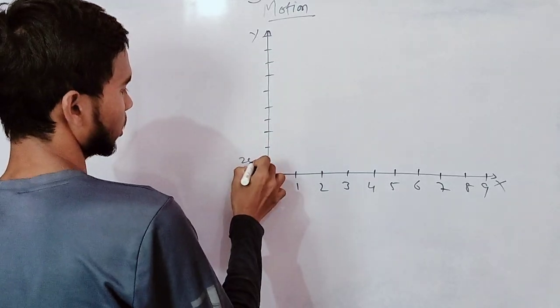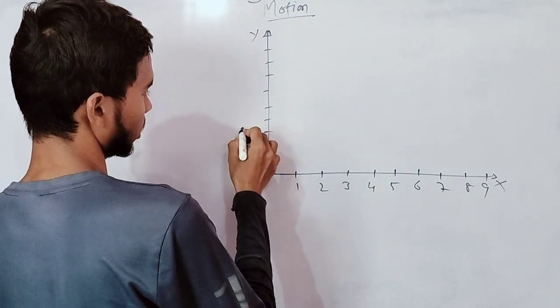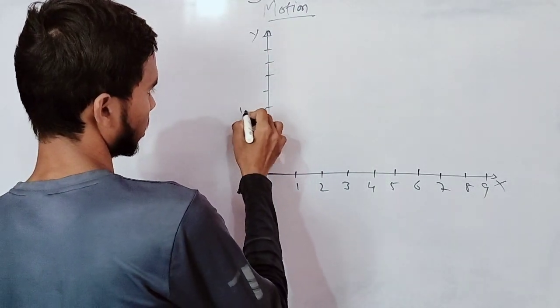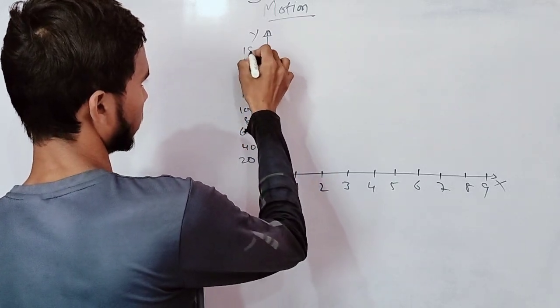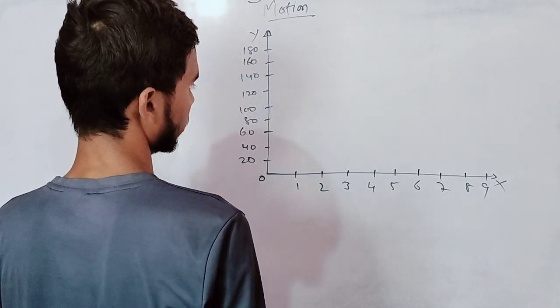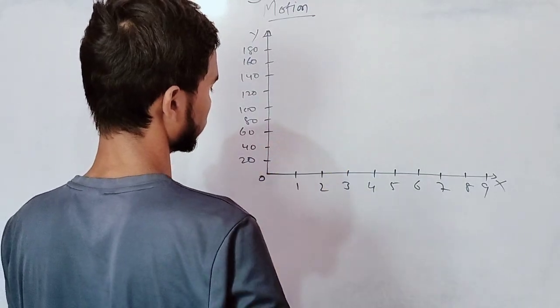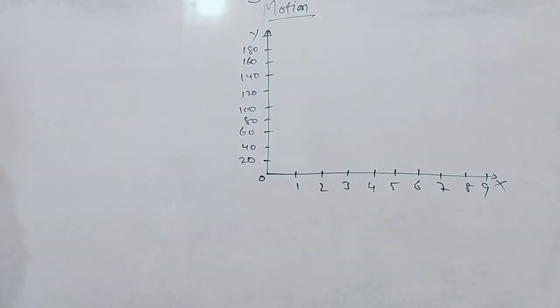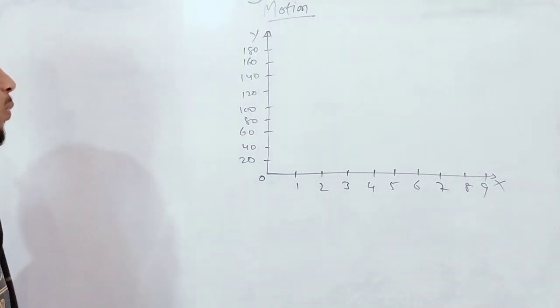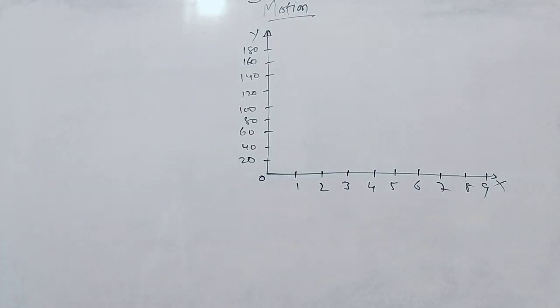Clear? 20, 40, 60, 80, 100, 120, 140, 160, 180. This is a graph. This is how a graph is drawn. One line is the x-axis, another line is the y-axis.